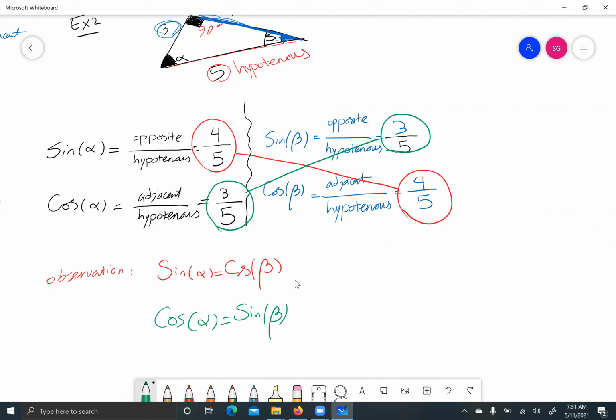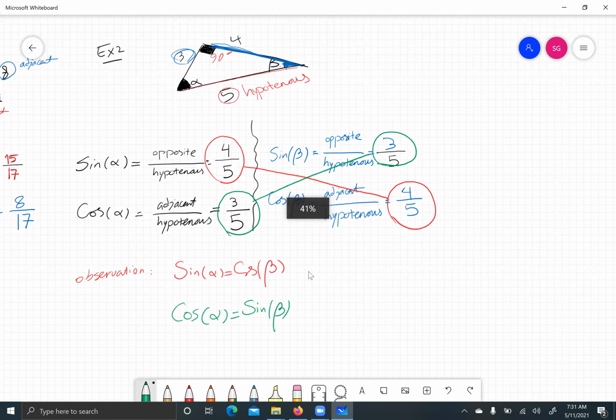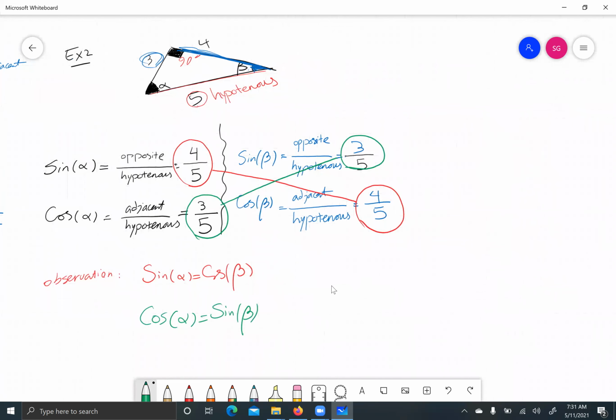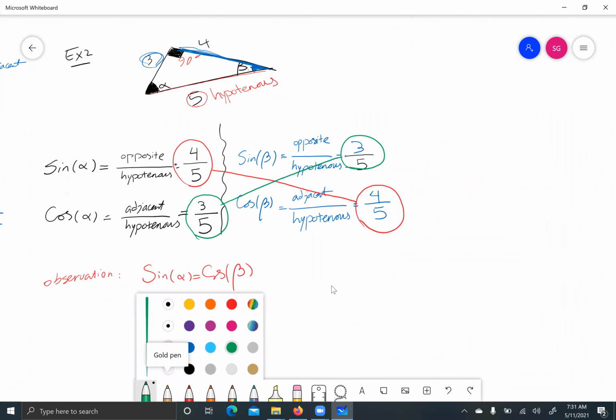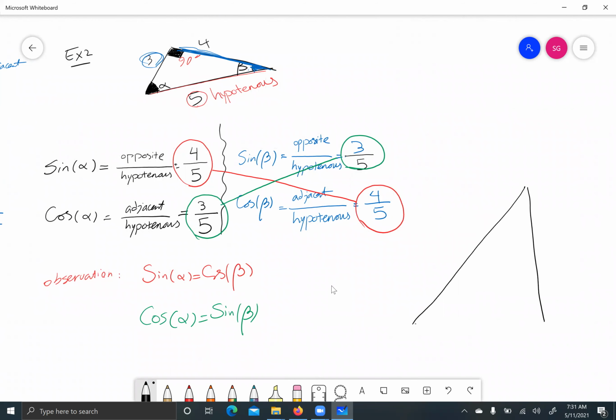And here is really the general relationship. So you have a right triangle. So this is 90 degrees. And let's name them alpha and beta. If you have the sine and cosine of alpha, then you don't need any further calculation.